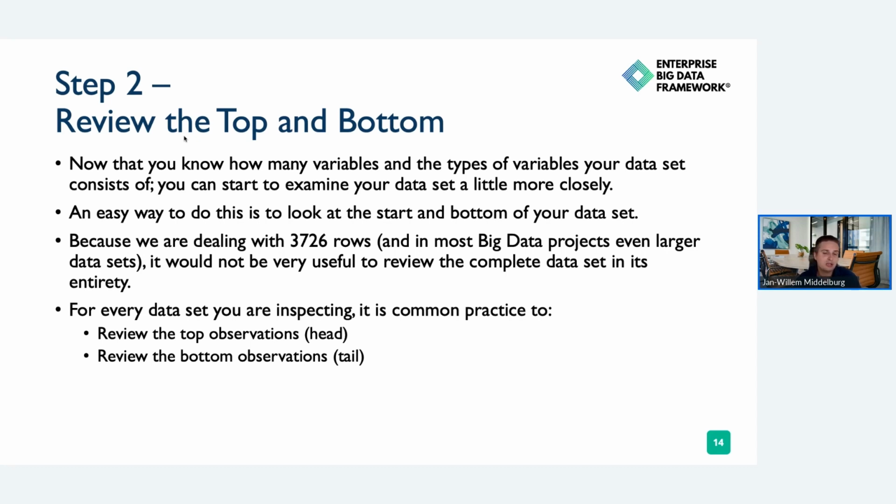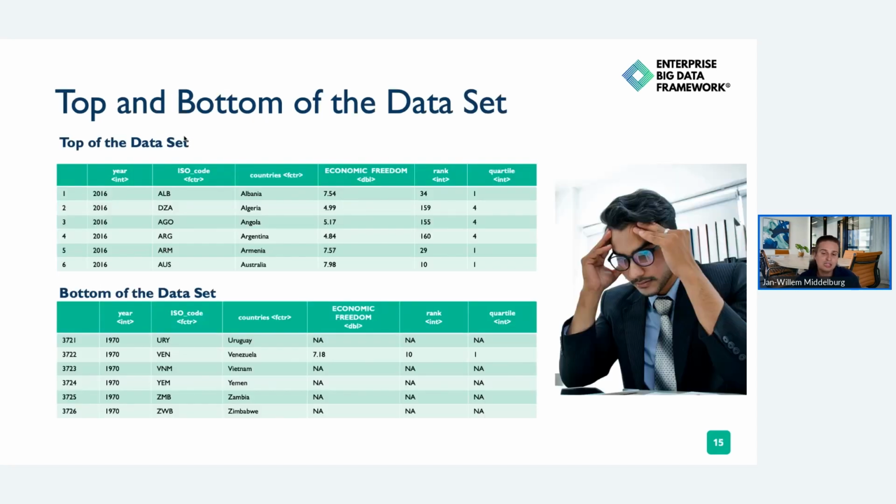And this is generally what we refer to as looking at the head, which is typically the first 5 observations, and then the tail, which is typically the last few observations. Why do we do this? Well, this generally gives you quite quickly an overview of the way that your data is going to be structured, and more importantly, if there are any missing values.